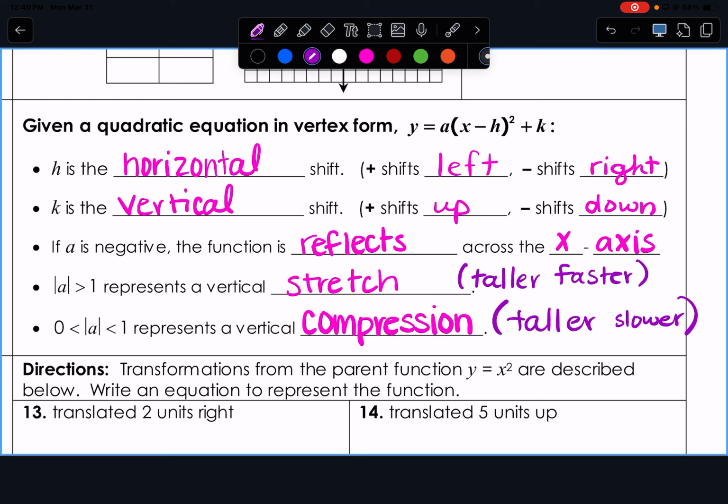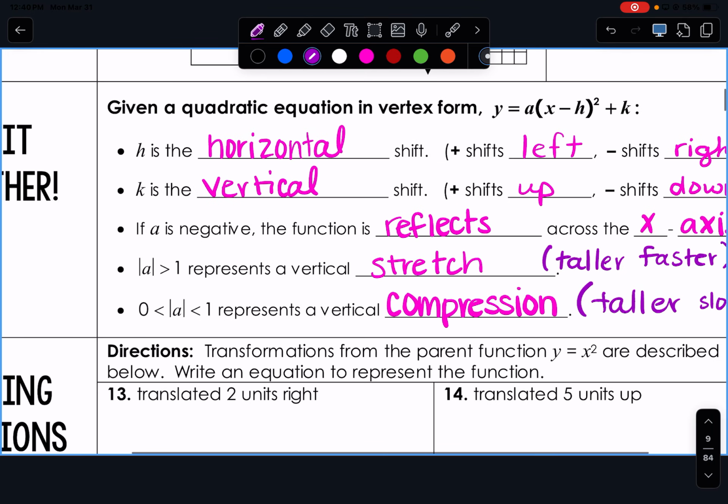Is that going to make it get skinnier, or is that going to make it get wider as it gets pushed down? Wider. So whenever you have A between 0 and 1, your graph is going to end up being wider, whereas when it's above 1, it's going to end up being closer together, because it's the difference between pulling it this way or smushing it this way. And that can also be upside down if it needs to be, because A flips it negative.